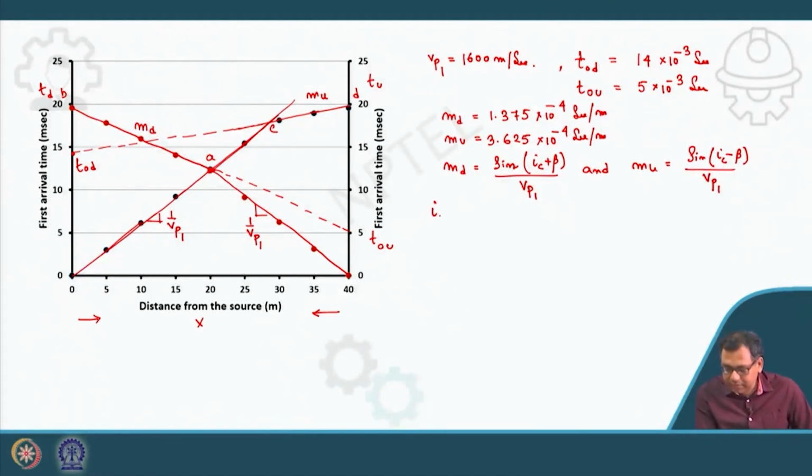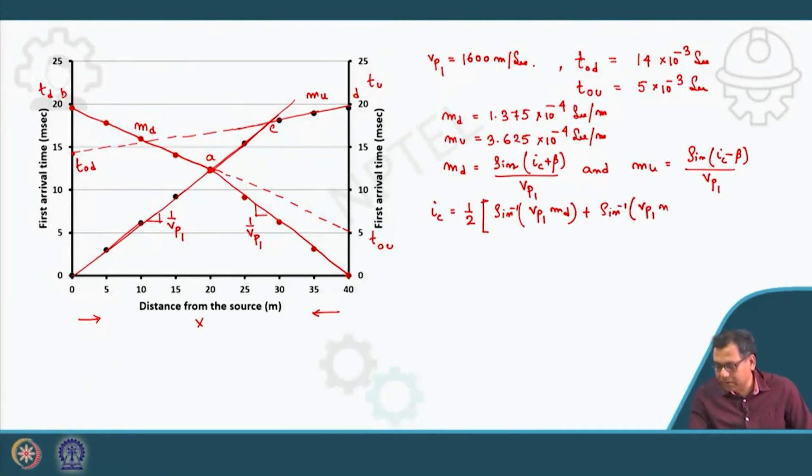And I know that IC I will get by this expression, which I have already derived: IC is sine inverse of Vp1 into md plus sine inverse of Vp1 into mu, all divided by 2. Now if you put this value, Vp1 is 1600 meter per second and md is 1.375 into 10 to the minus 4 second per meter, then I will get IC as 24.1 degree.